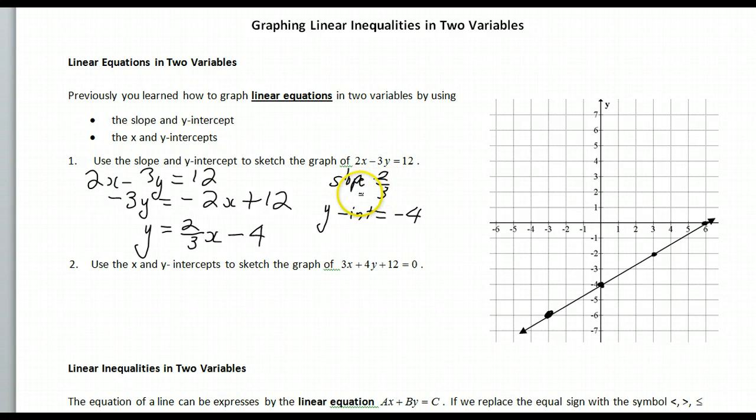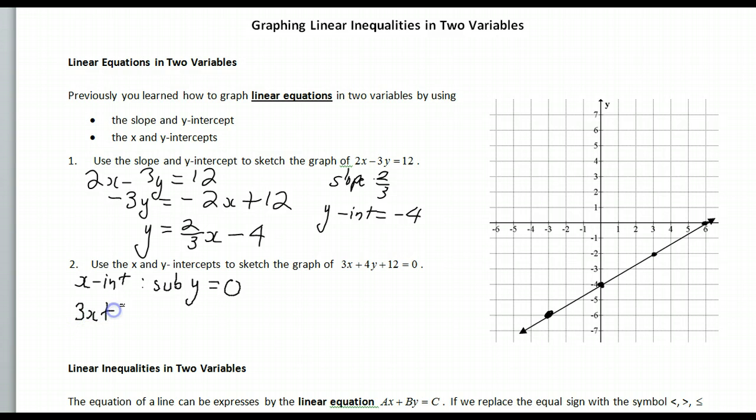Okay, next, number 2, use the x and y-intercepts to sketch the graph of 3x plus 4y is equal to 12. Okay, x-intercept. Well, the x-intercept occurs when y is equal to 0. So substitute 0 for y.